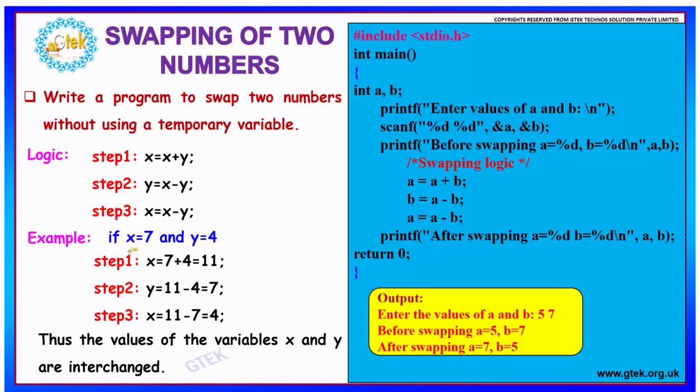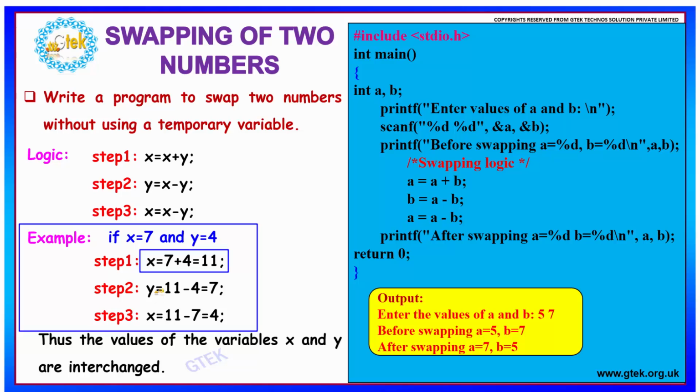Let us explain this with an example so that you will be clear. If I am taking my value of x to be 7 and y to be 4, then our first step is that we have to add both the numbers and store it in x. So 7 plus 4 is nothing but 11, and I am storing it in my x.